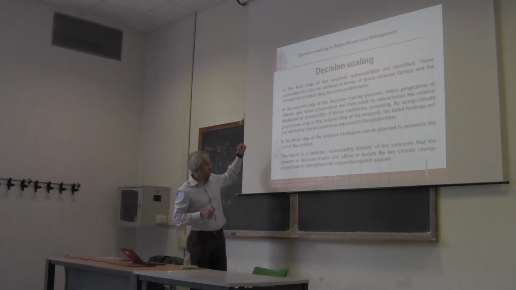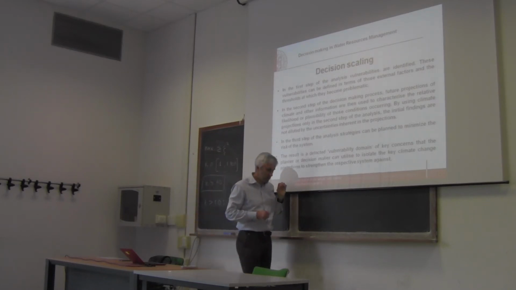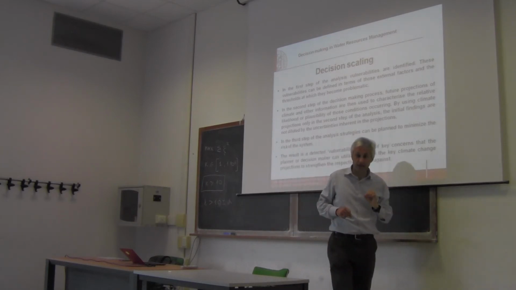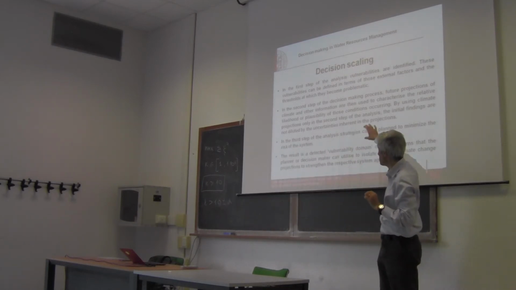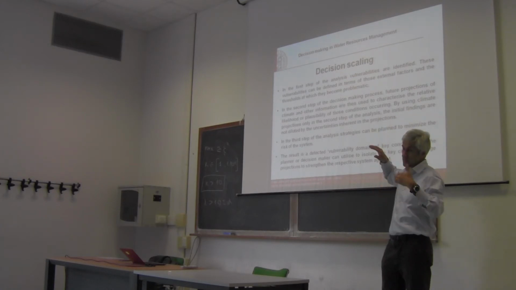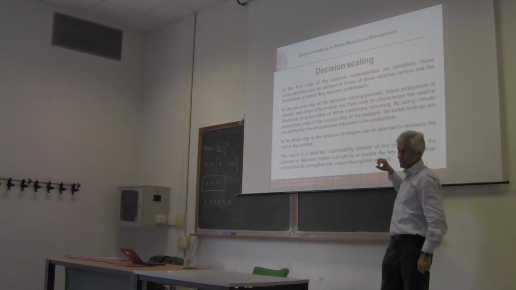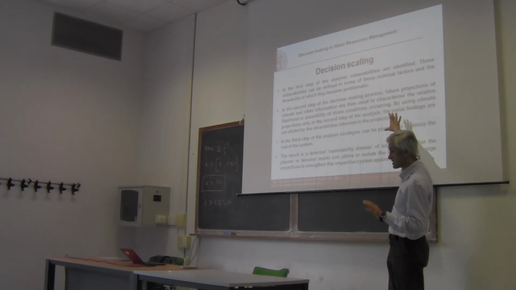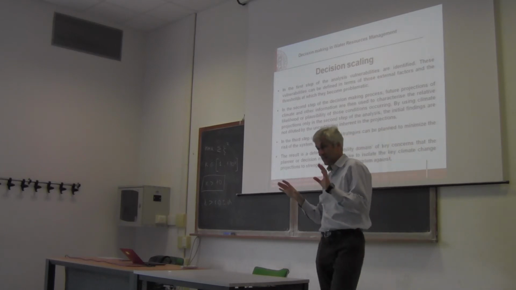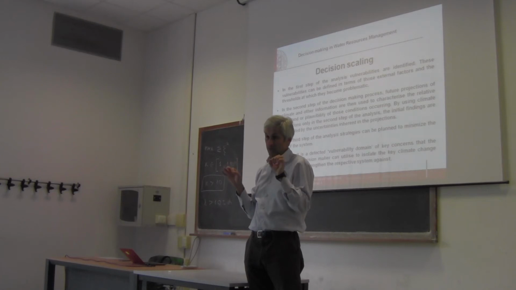What is a distinguishing feature here is the fact that this method explicitly admits for additional information besides climate projections. And this is the first method that I see admitting that climate projections alone may not be enough.